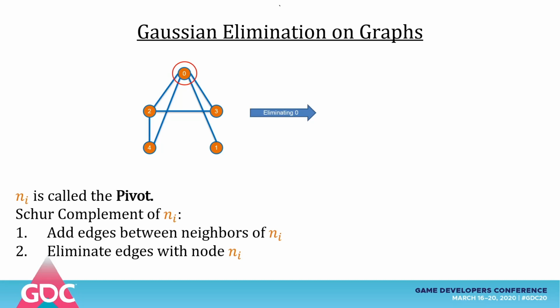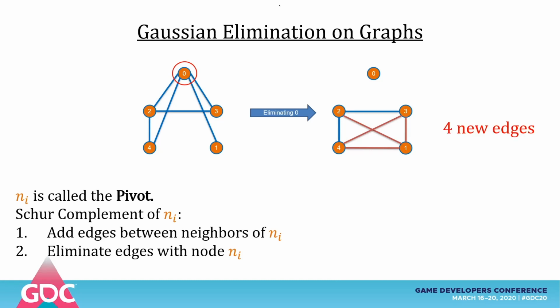On this example graph, let's select node 0 as the pivot and eliminate it. This produces the graph where all neighbors of node 0 are joined by edges, and edges with node 0 are removed. Note that this process creates 4 new edges, meaning this fills in 4 zero blocks in the sparse matrix with non-zero values. There is a better way.